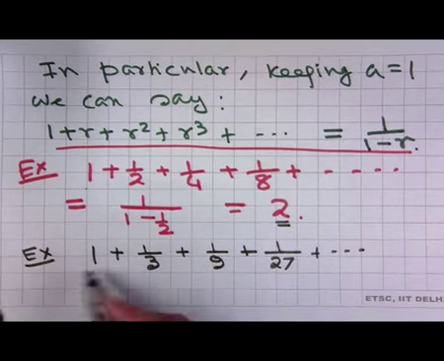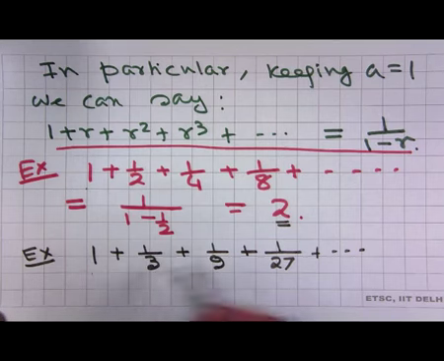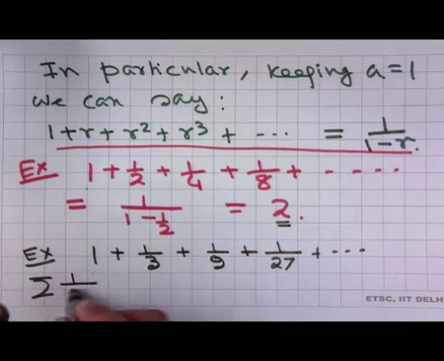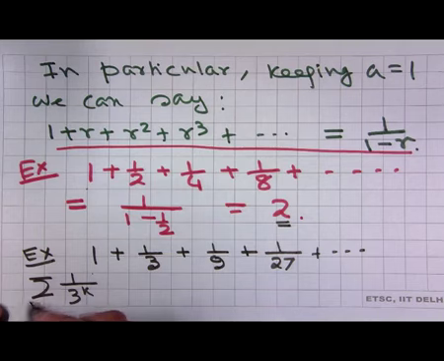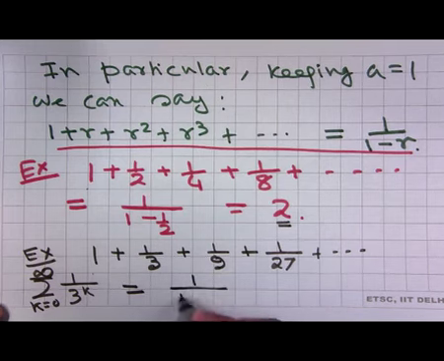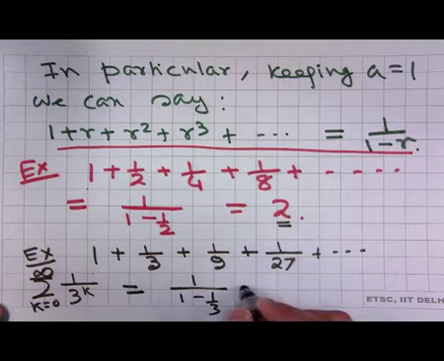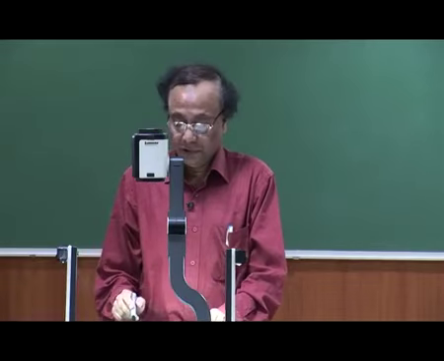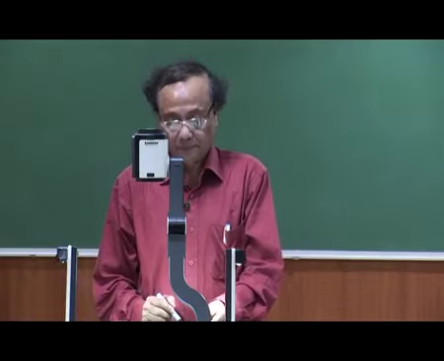That is, I am looking at 1 plus 1 by 3 plus 1 by 3 square plus 1 by 3 cube, that is, I am looking at the series sum of 1 upon 3 to the power k, k equal to 0 to infinity. This is going to be 1 upon 1 minus 1 by 3, which is equal to 3 by 2. So, this series will converge to the value 3 by 2, right.